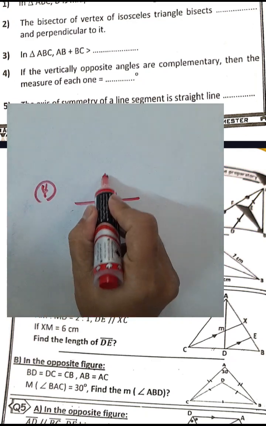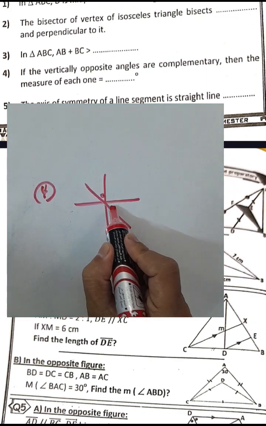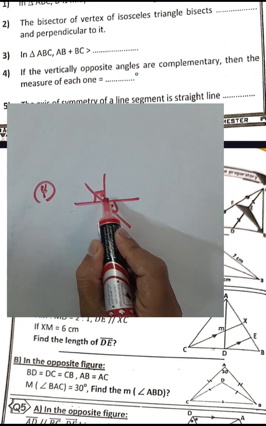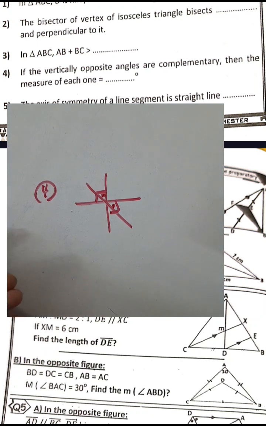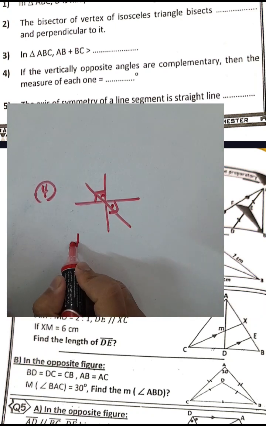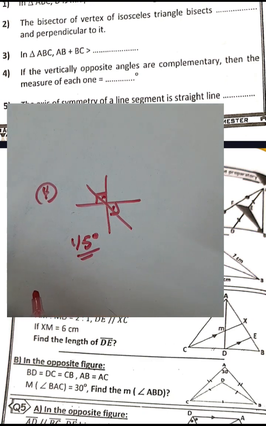If we have a perpendicular here, the two angles are complementary. It means the sum of them equals 90 degrees, and each one will be 45. Write 45 degrees, 90 divided by 2.